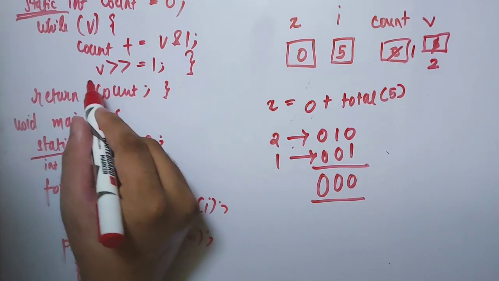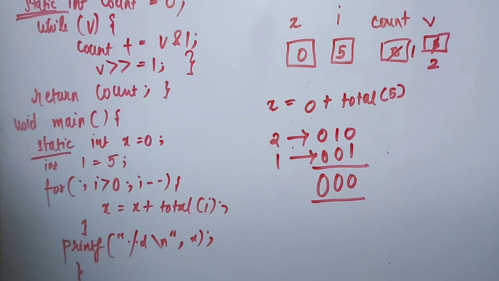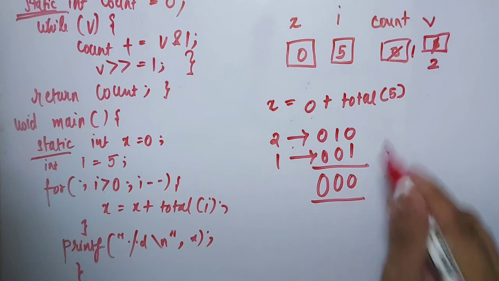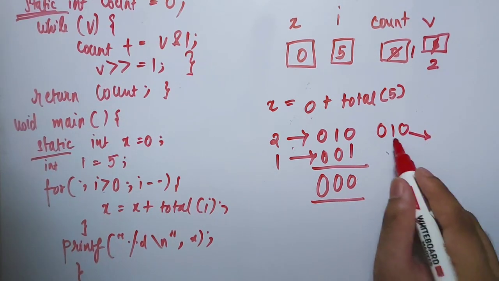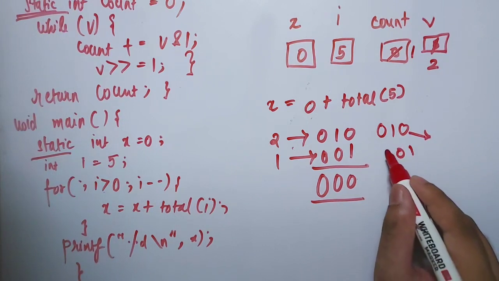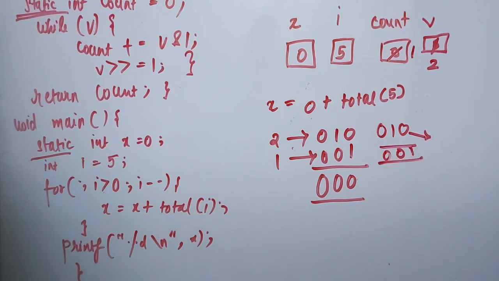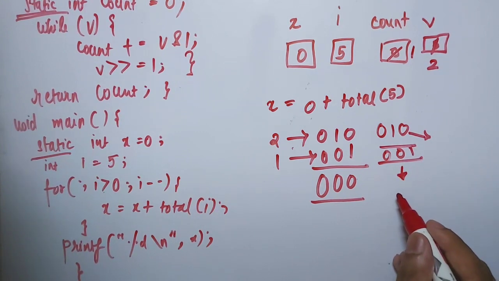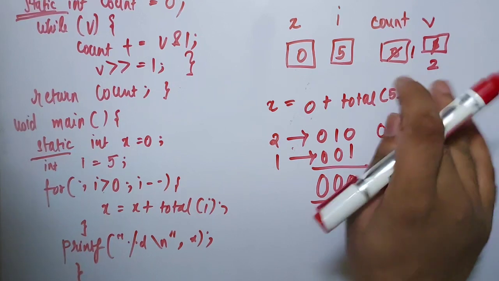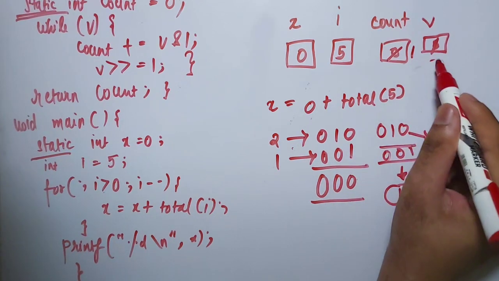Okay, now v gets right shifted by 1. So 0 1 0, the last bit gets discarded, and on the left-hand side we append a 0. So it gets value 0 0 1, whose decimal representation is 1. So v gets value 1.